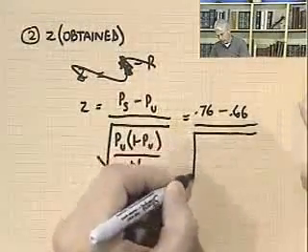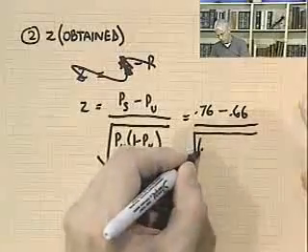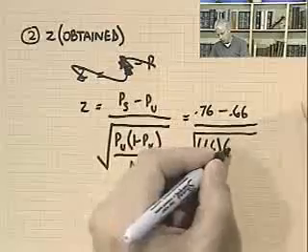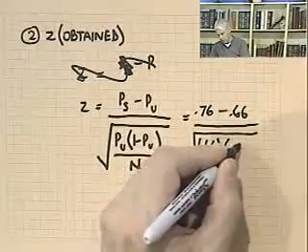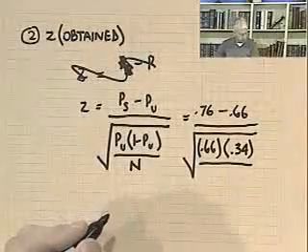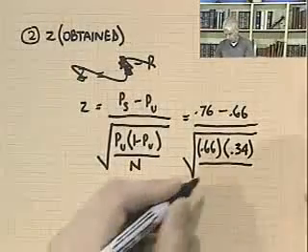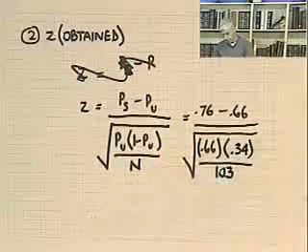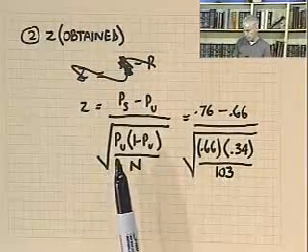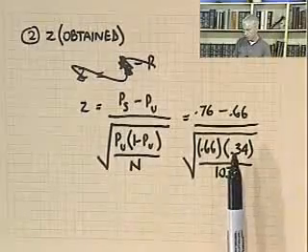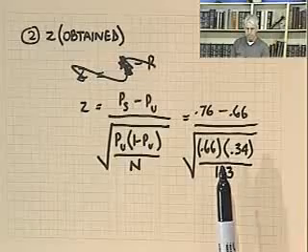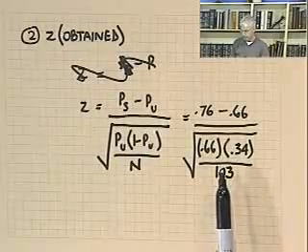Divided by the square root of P subscript U, which is 0.66, multiplied by 1 minus P subscript U, that is 1 minus 0.66, which is 0.34, divided by N, which in this case is 103. Are there any questions about the general formula or translating that into the specific example? Yes. How did you get the 0.34? I mean, I know it's 1 minus 0.66.